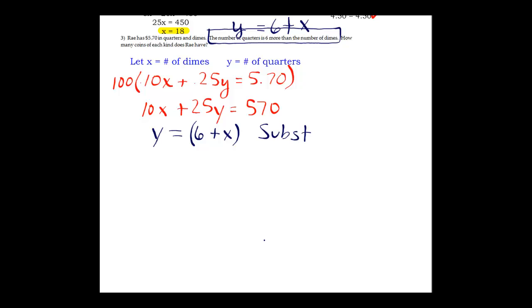So showing substitution, making sure you put it in parentheses because we do have a number that goes before it, so we want to make sure we distribute.